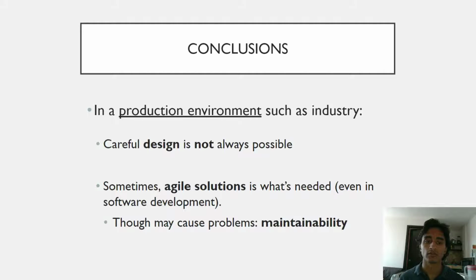And in conclusion, in a production environment such as industry, careful design is not always possible because an agile solution is required. You have to respond to some problem fast, and even though it's not that efficient, it must be effective.